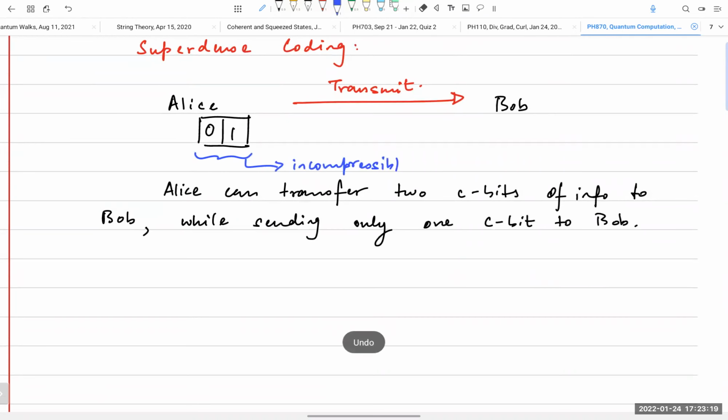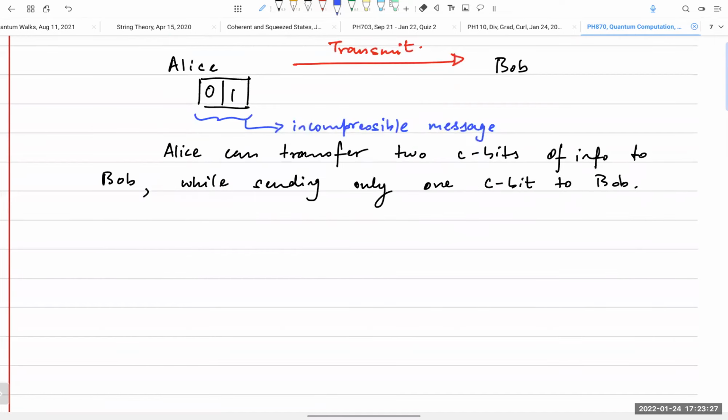because it might be the situation that the message Alice is sending in the form of these two bits could actually be compressed in the following way. So for instance, these are the two bits that Alice has, and you could have some compression scheme which allows you to compress the message down into a single bit.